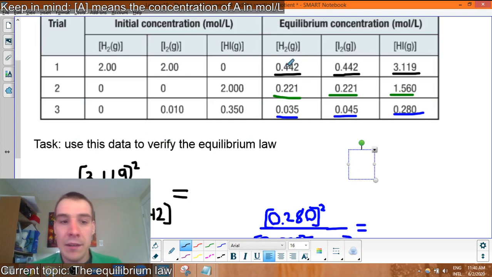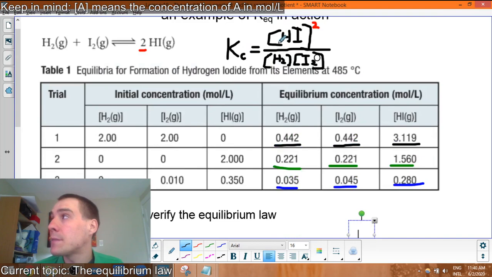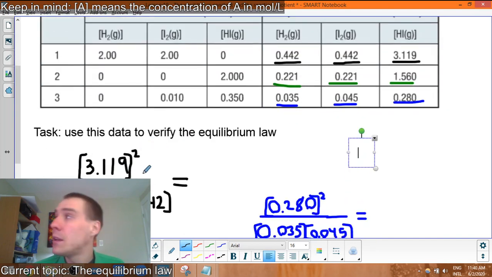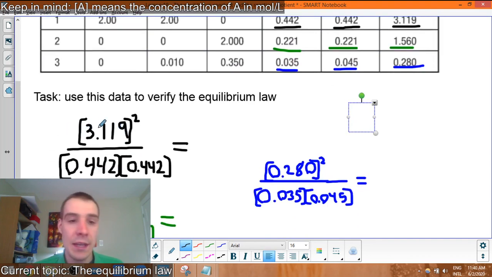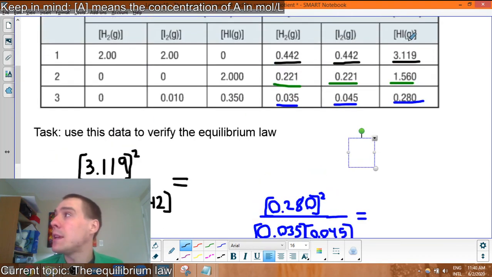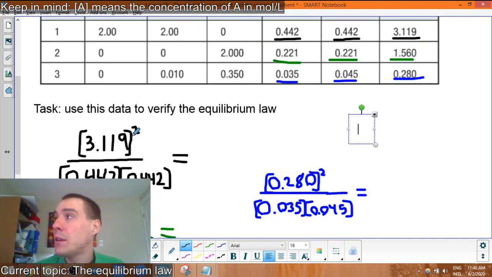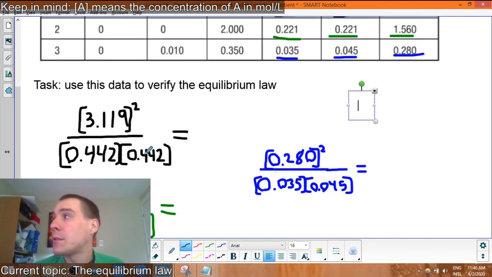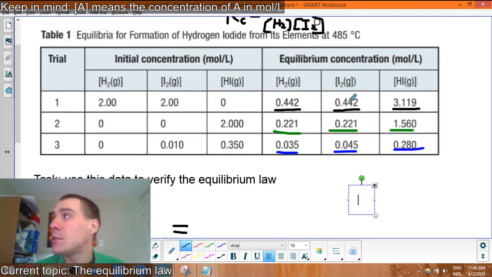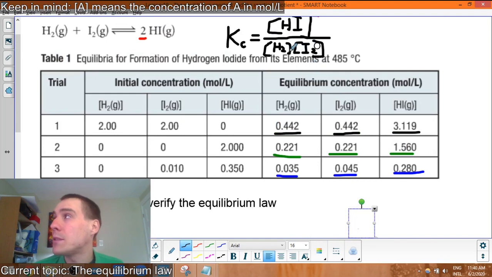In black here is the 0.442, 0.442, 3.119. But remember that our expression is that the HI is on top. The products are on top and they're squared. So here you see that 3.119, which is the HI squared, over 0.442 times 0.442, because that's my H2 and my I2 down here.